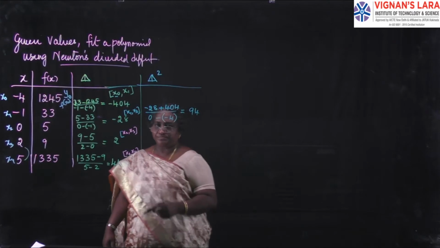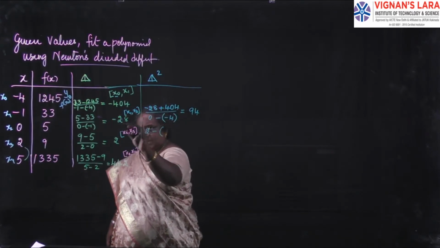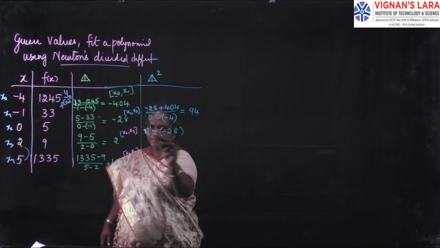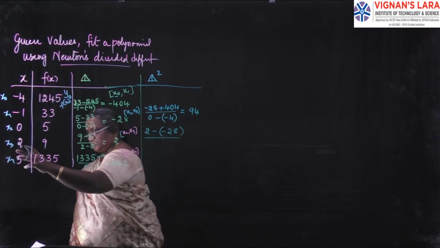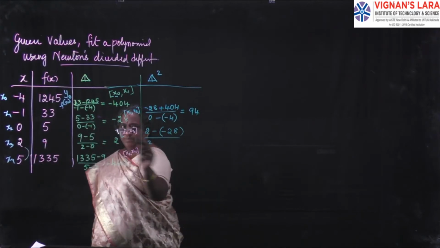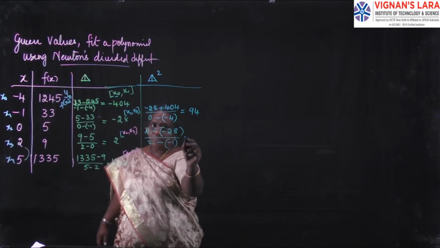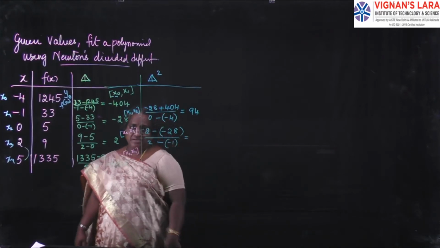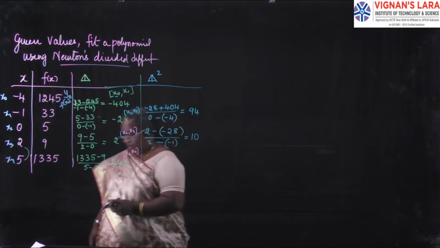94. Next, 2 minus of -28 by x3 minus x1. What is x3 minus x1? x3 is 2, and x1 is -1, so 2 minus of -1. If you calculate, it is 28 plus 2, 30. 30 by 3 is 10. All are positive.